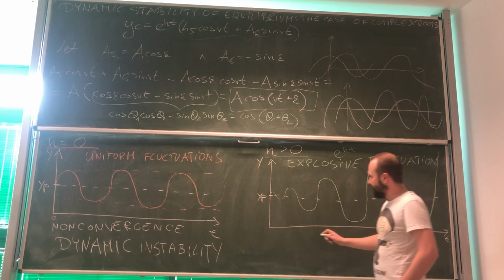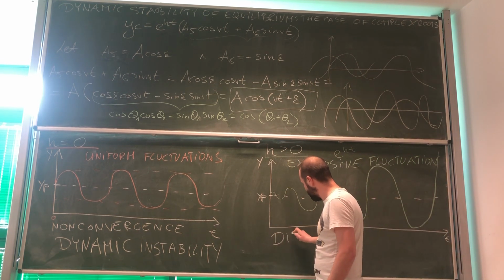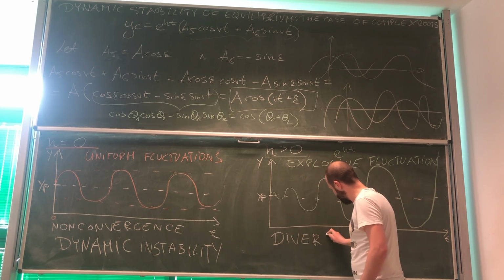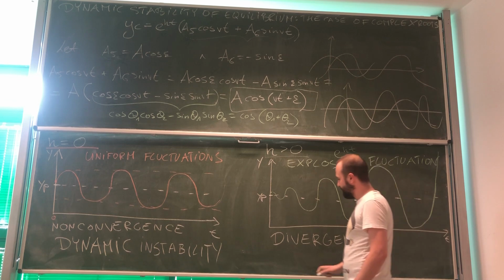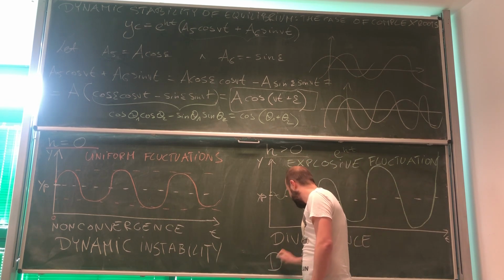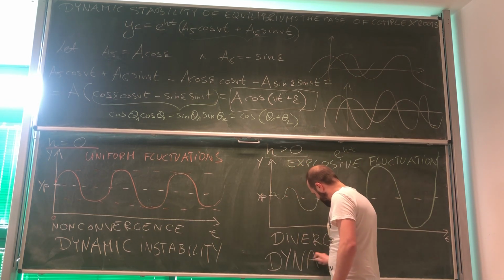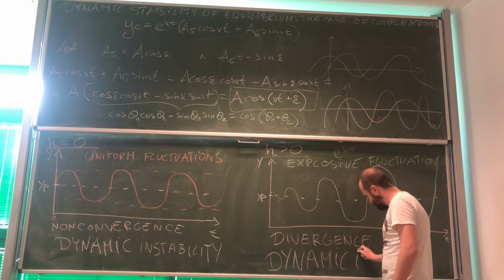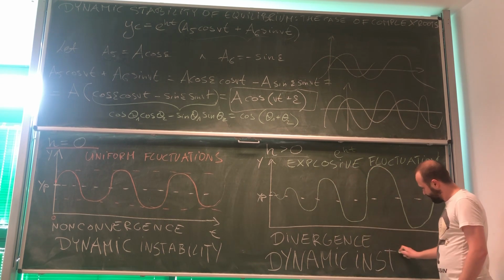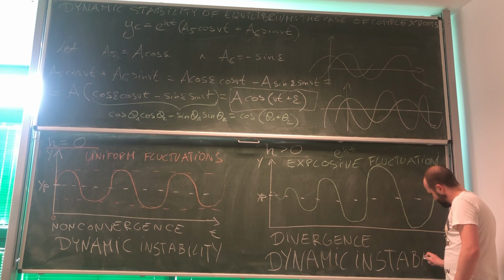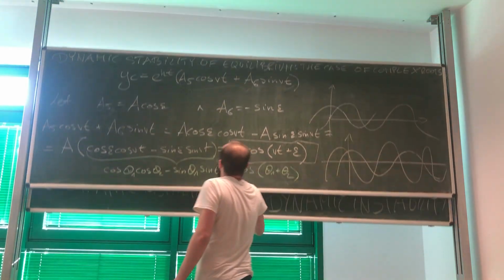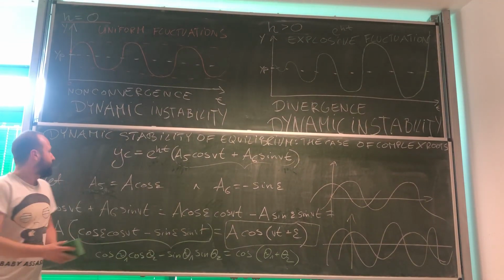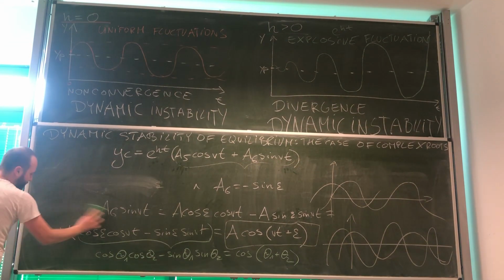So in this case, we talk about divergence, and again, dynamic instability of equilibrium.